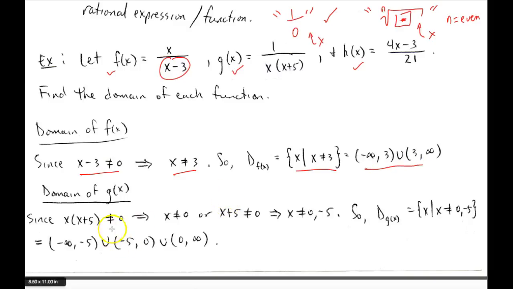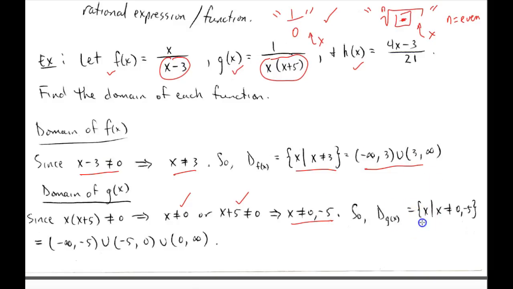Okay? Similarly, for g of x, we see that we have the product of x and x plus 5. So here we need to take that product and say that it can't equal 0, which means that either x can equal 0 or x plus 5 can equal 0. And hence we see that we can't plug in the values of 0 or negative 5. Okay?